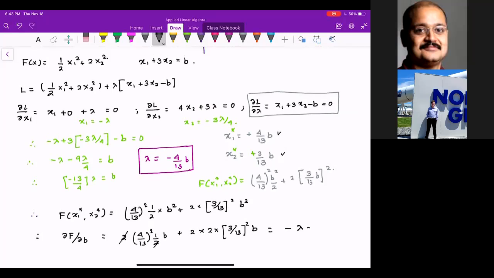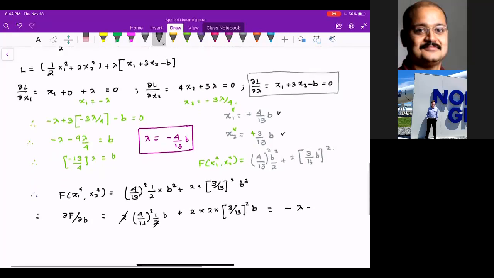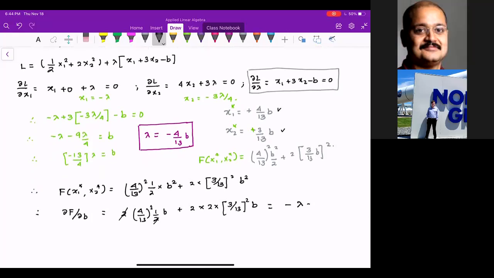Professor, we are getting minus 4b by 13. Lambda we got minus 4. Okay, I don't know why. So that matches, this should match. It matches. He got the same value of lambda.